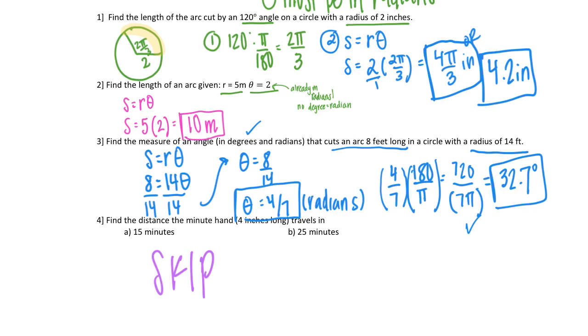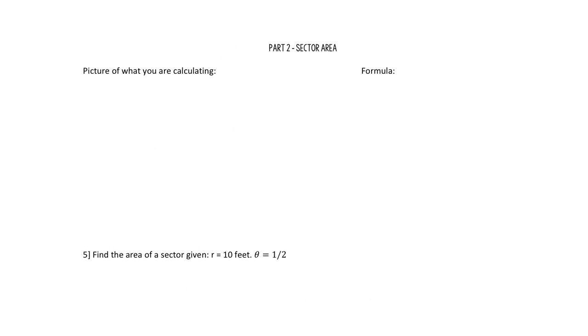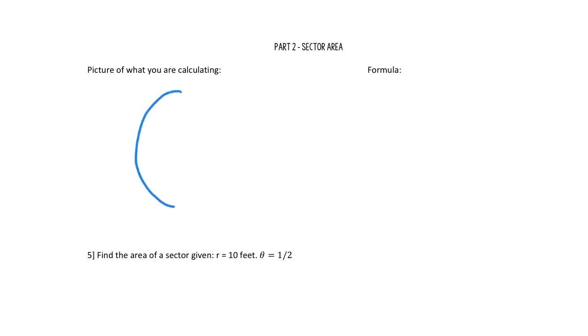On the back here, we're going to be talking about sector area. So just so you can get a visual of what you're actually finding compared to what you were finding on the first page, you're still going to be dealing with a circle. You're still going to have a sector of that circle cut out based upon an angle theta.